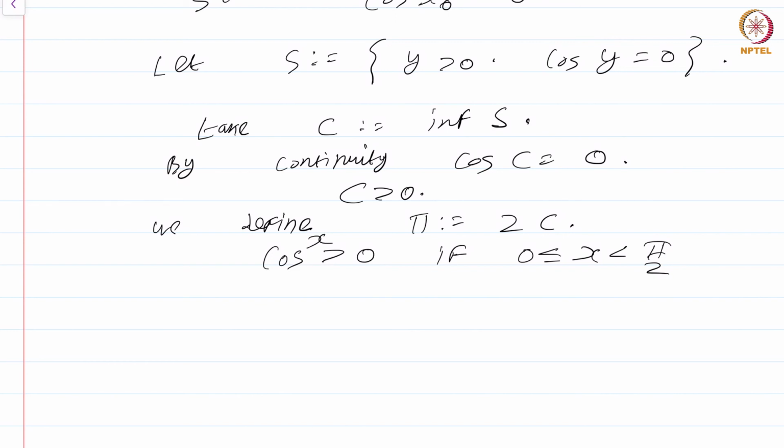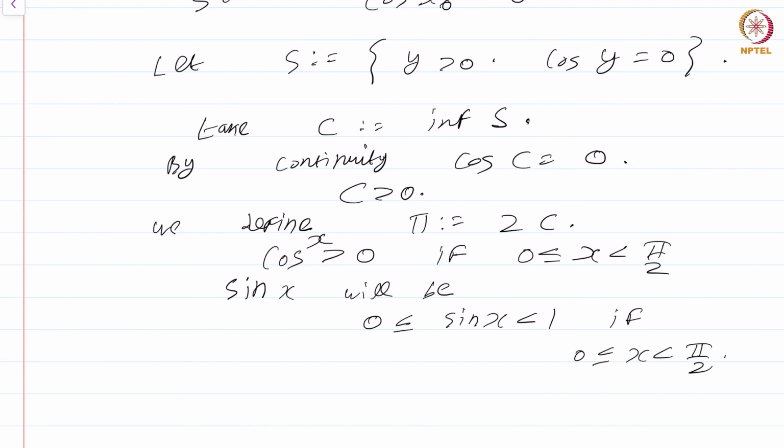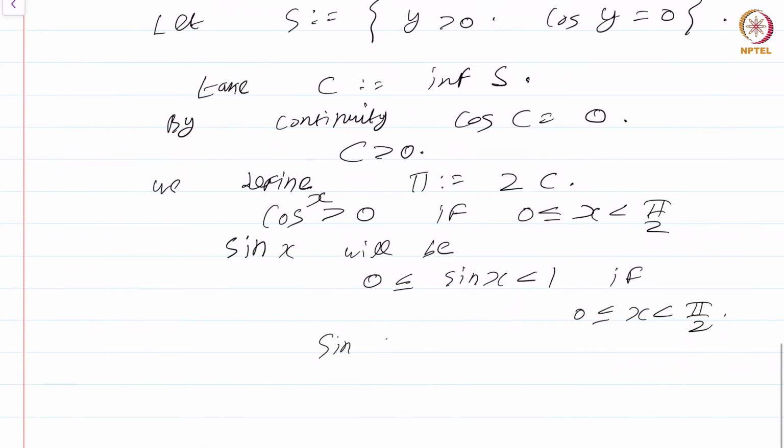And because of this, sine x will satisfy 0 less than or equal to sine x is less than 1 if 0 is less than or equal to x less than pi by 2. And we also know that sine pi by 2 is equal to 1.